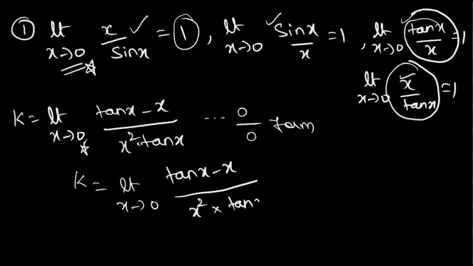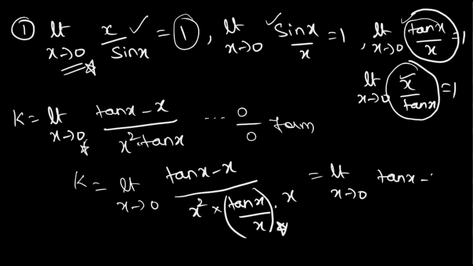Here I want tan x by x, so I am multiplying and dividing by x. Now make the problem a little simpler: limit x tends to 0, this term is 1. Hence I will write it as limit x tends to 0, (tan x minus x) by x square, x is there, so I write x cube.